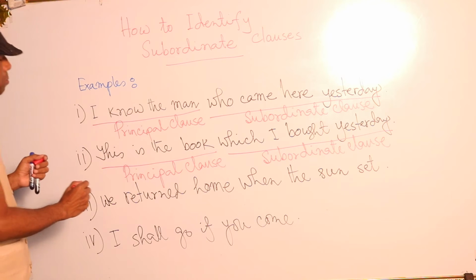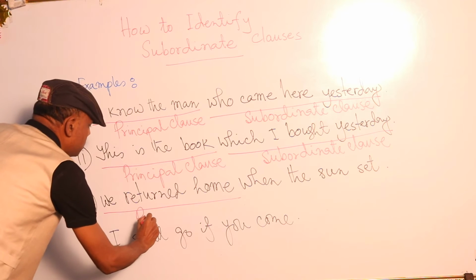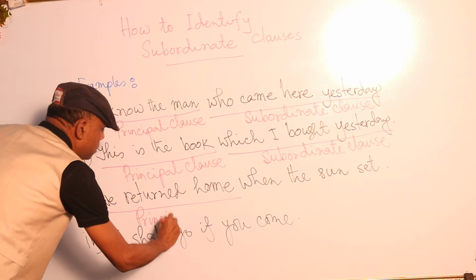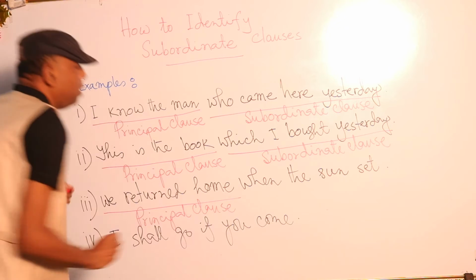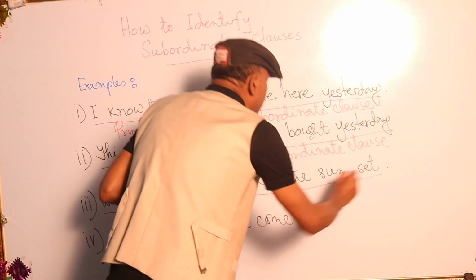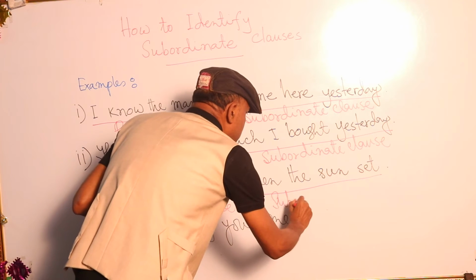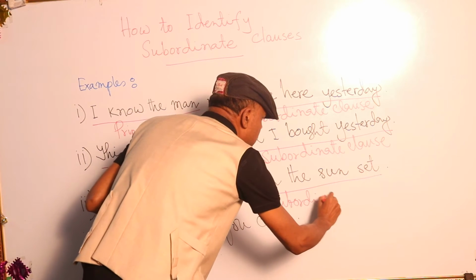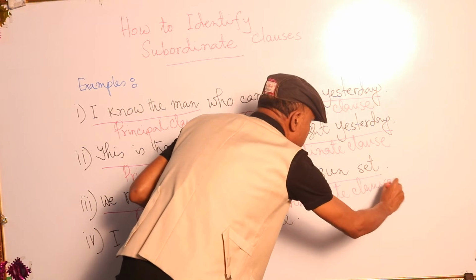Example 3: We returned home, it is a principal clause, and when the sun set, it is a subordinate clause.